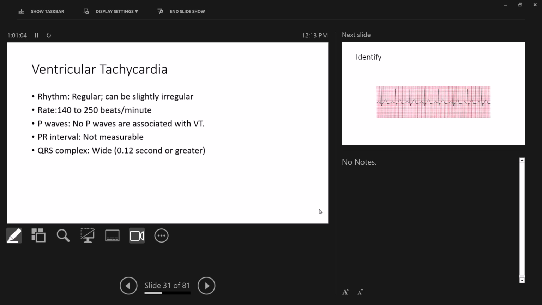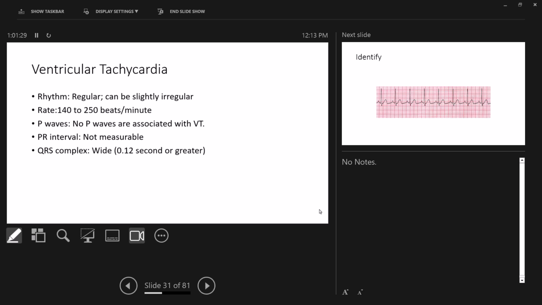Okay. Here's torsades. And here is VTAC. Couple things to look at. I'm sorry, thank you, VFib.